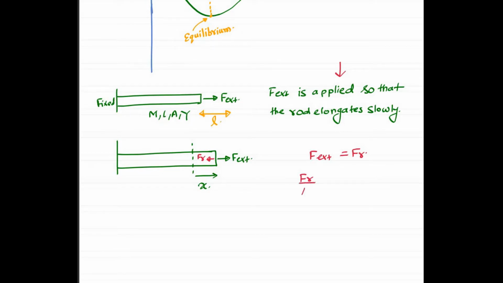From Hooke's law, I can write the restoring force. This is the stress, which will be Young's modulus into strain produced. So F restoring can be written like this, and F external is also this. I'm talking about the magnitude part.